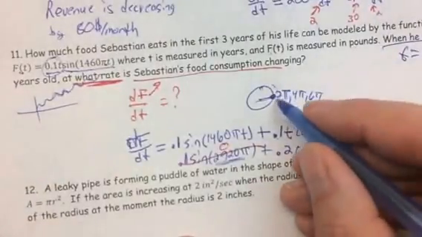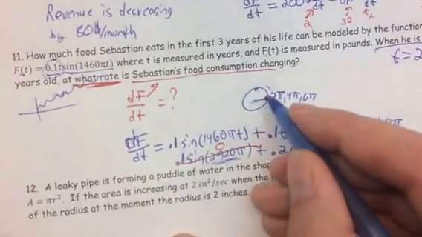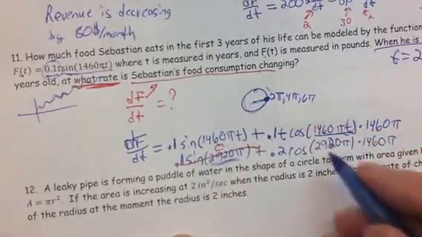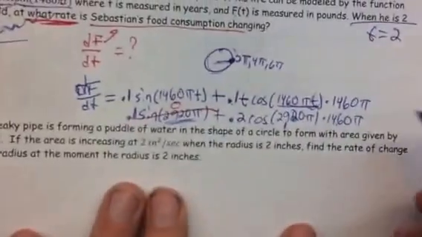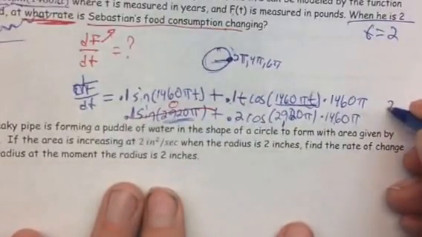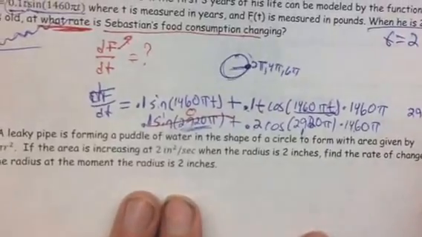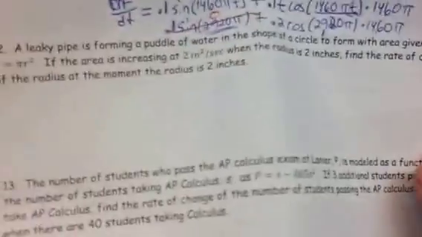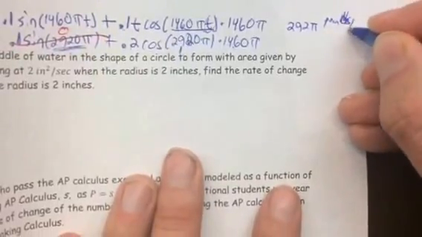Cosine of 2 pi, on the other hand, is 1. And an even number of pi's will get you back to the same place on the unit circle. So this will be 1. So we get 0.2 times 1 times 1460 pi. So it's 292 pi. And this is pounds per year.